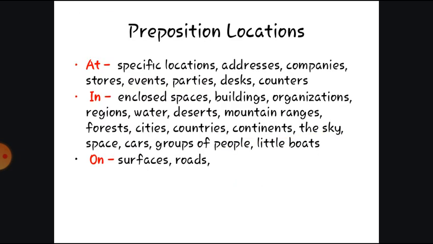So let's see, just as we have talked about three prepositions, they are location prepositions, and they are at, in, and on. As we have just talked, to show location, at is used. We also talked about in, and in as a preposition is used as a location preposition when something is surrounded by other things.